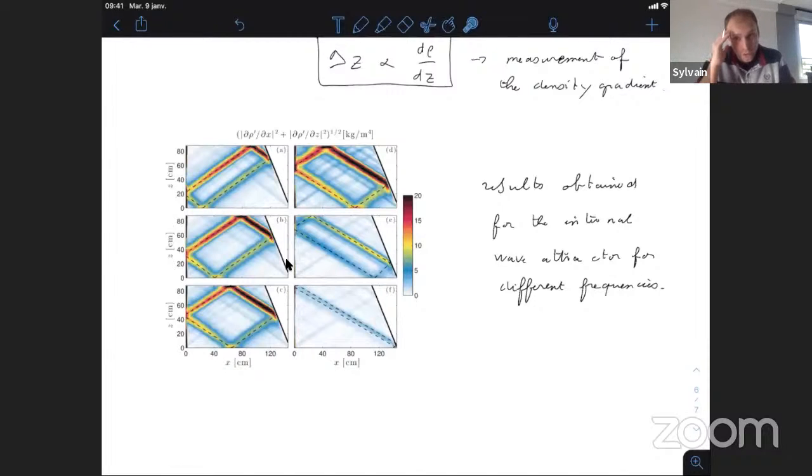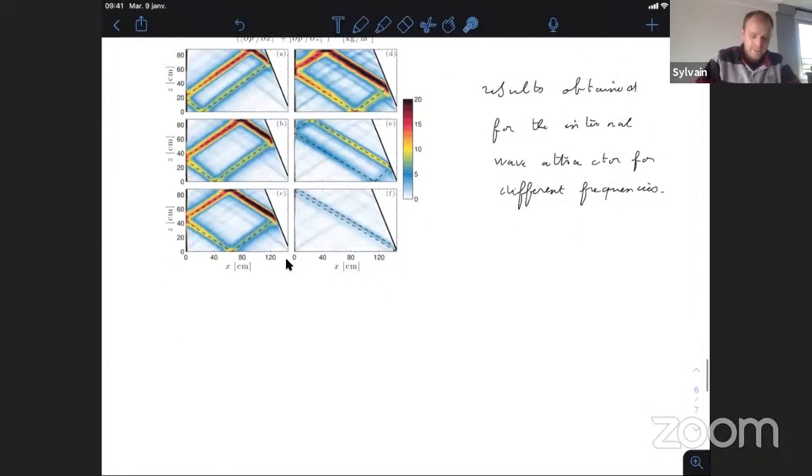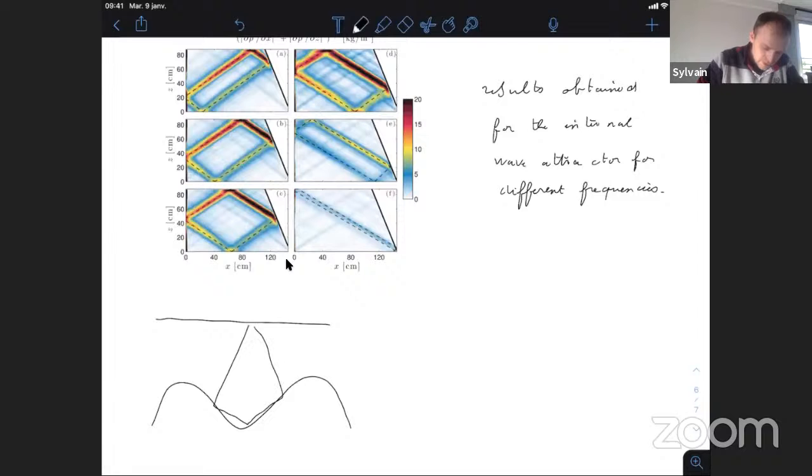If you have a curved slope, you can also have an attractor. When you have a curved slope, you have to look at the local slope, and it's more complicated to do the ray tracing, but you can also have an attractor. There is a nice sketch in one of the papers by Leo Mas, showing a slope that is a double mountain like that.